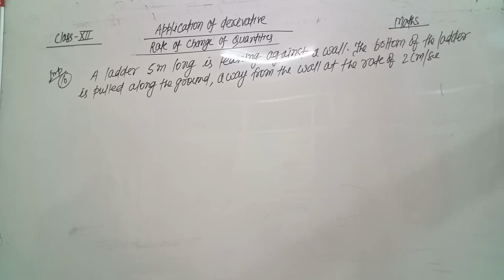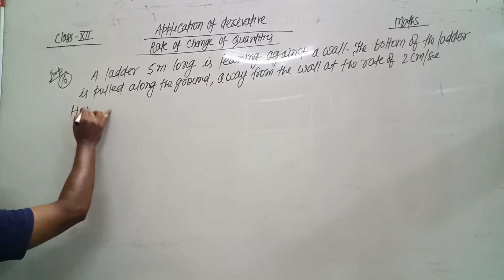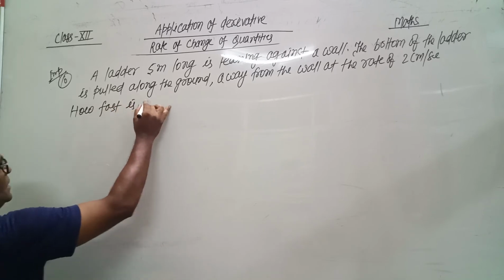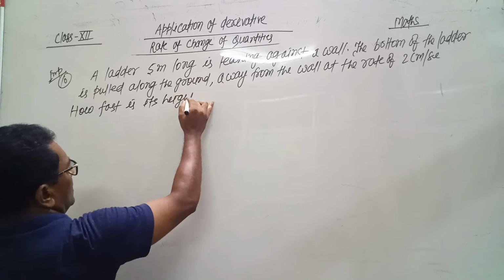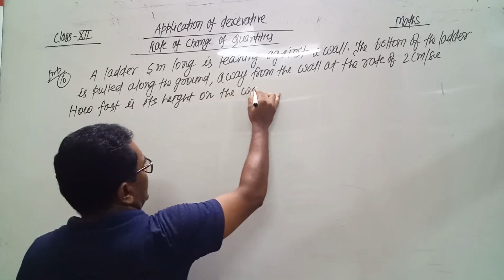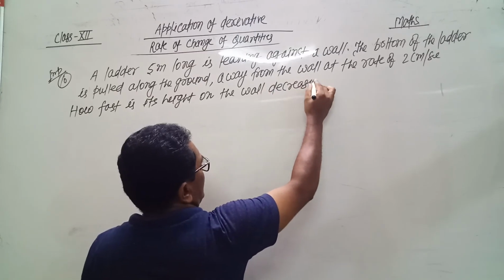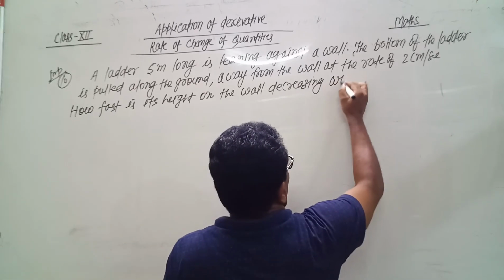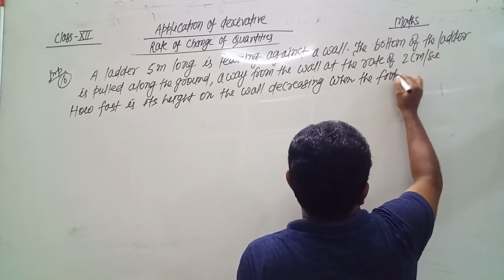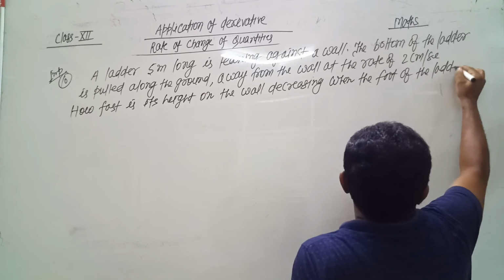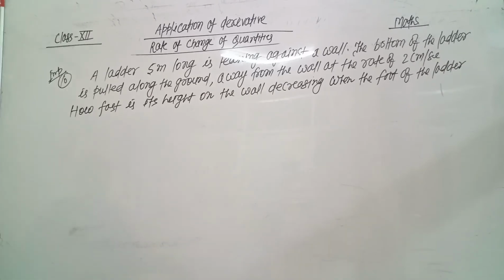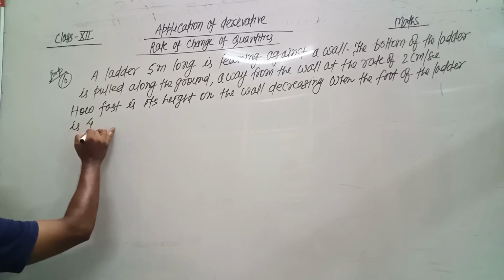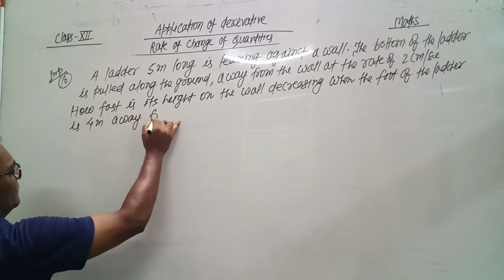So how fast is its height on the wall decreasing, when the foot of the ladder is 4 meter away from the wall?